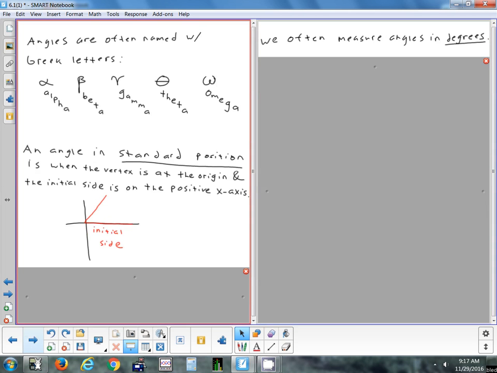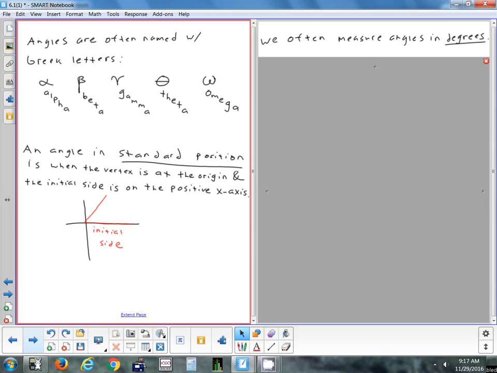So we've talked a lot about how to draw angles, what the sides are called, their rays, initial and terminal, but we haven't really discussed yet how you measure an angle. We measure an angle in degrees. And this is a device you can use for measuring angles on paper. We don't really use it in trig that much. Does anybody know the device? Yeah, you can use a protractor.